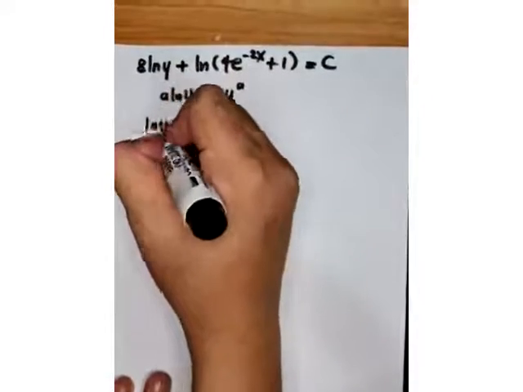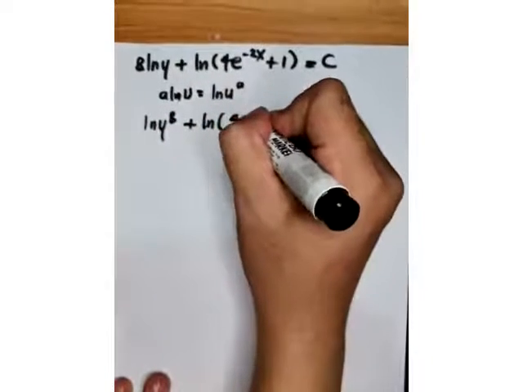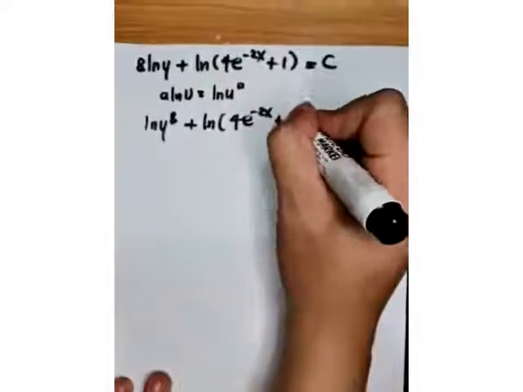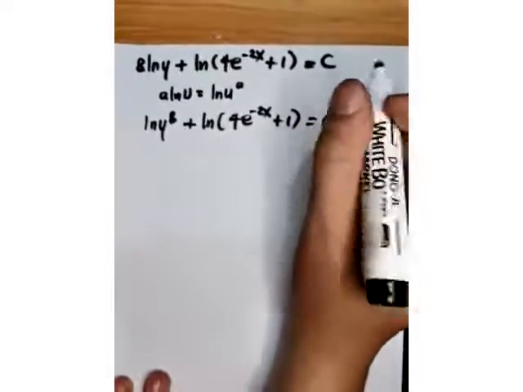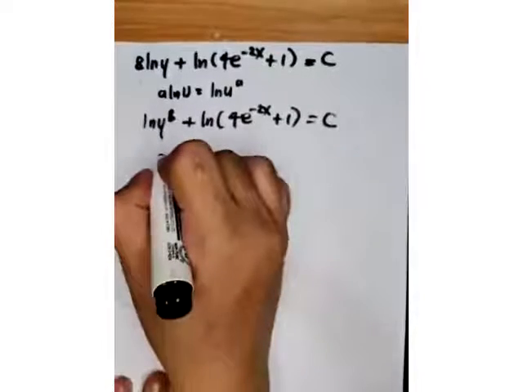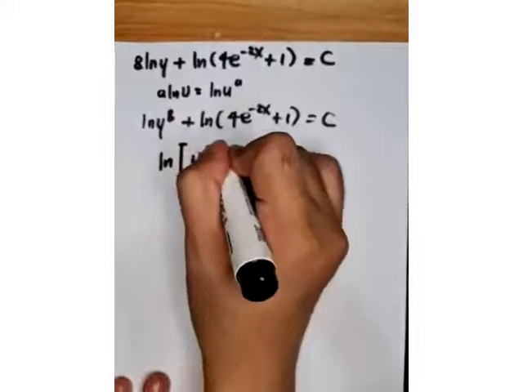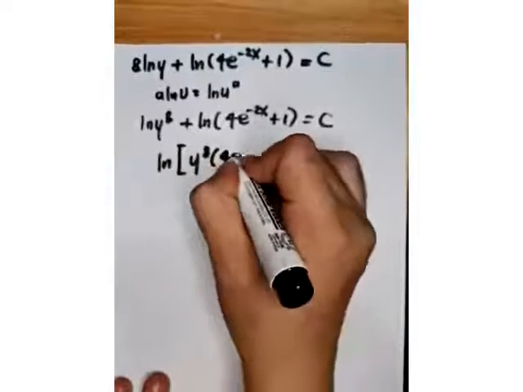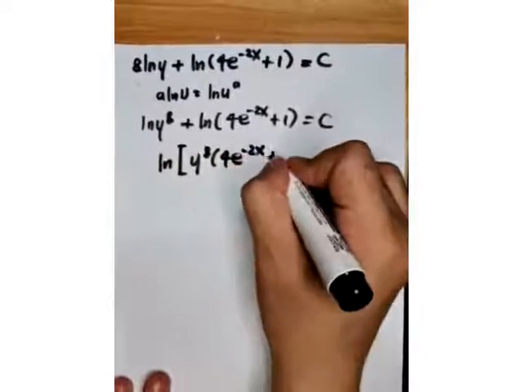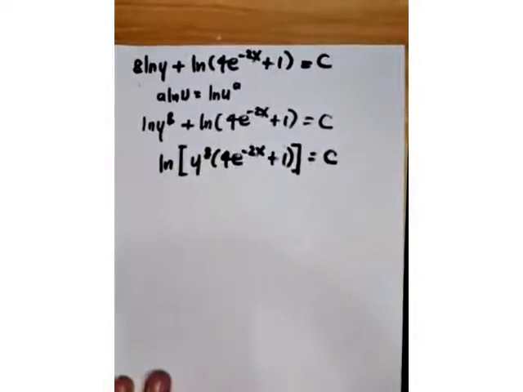So, ln of y raised to 8 plus ln of 4e raised to negative 2x plus 1 is equal to c. Ayan. Since positive sila, pareho, so magiging silang product. So, ln of y raised to 8 times 4e raised to negative 2x plus 1 is equal to c.